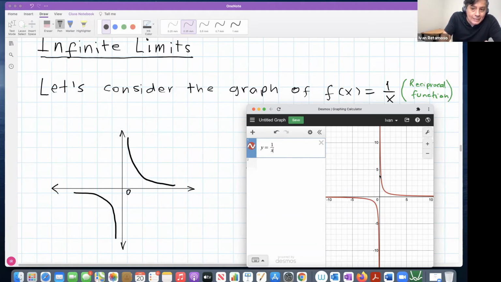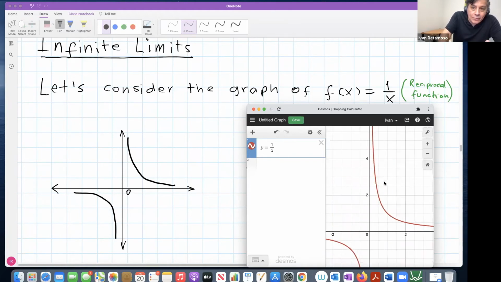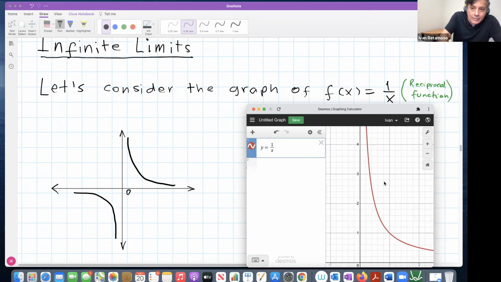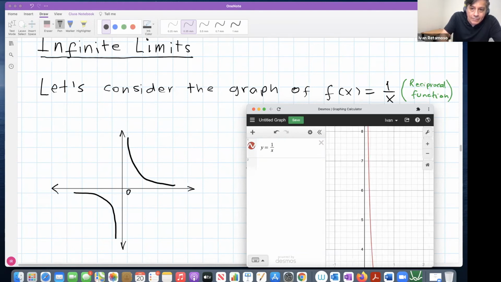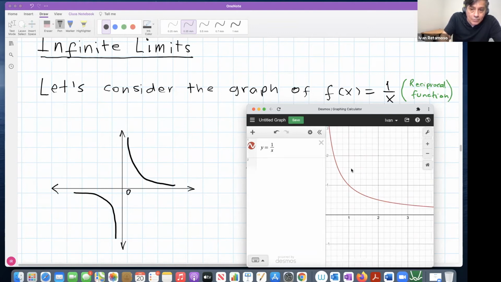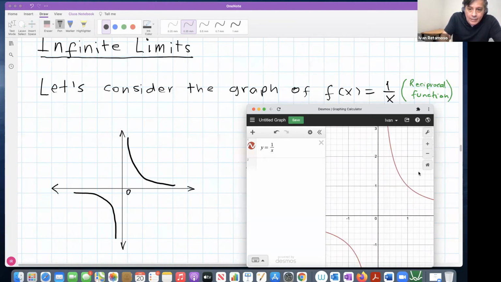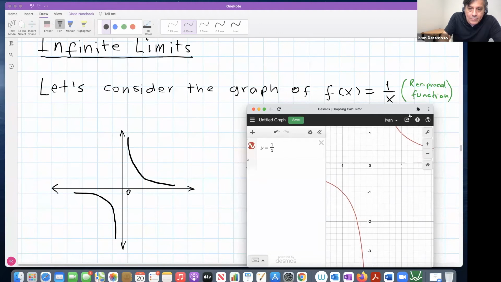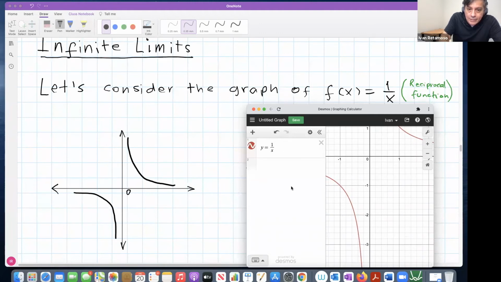Here in the Desmos grapher, it looks like it's touching, but in reality it's not. If you zoom in, you will never see them meeting. So be careful with those things, guys. Use this as a tool to help yourself, but you have to check your knowledge with it. They never meet.